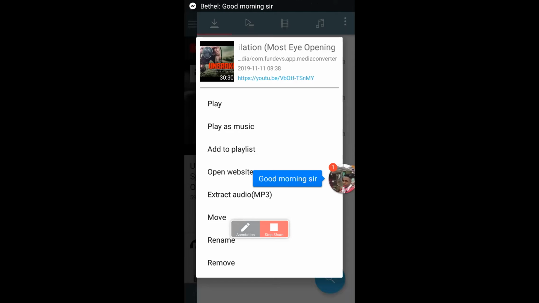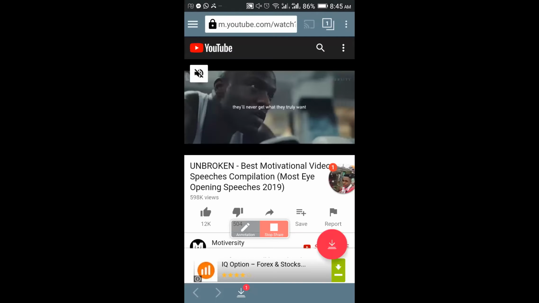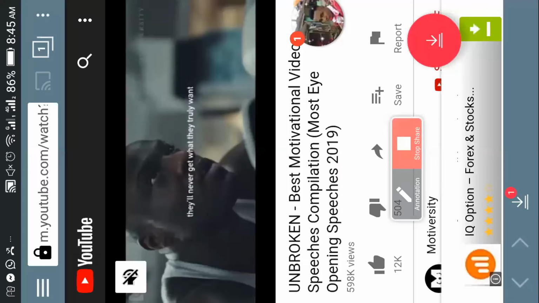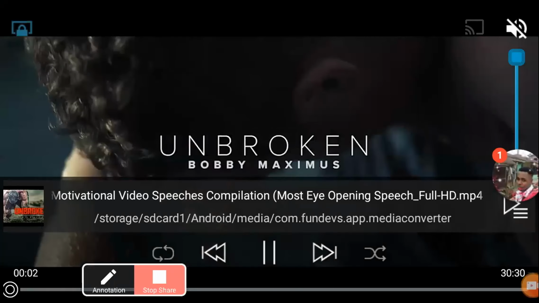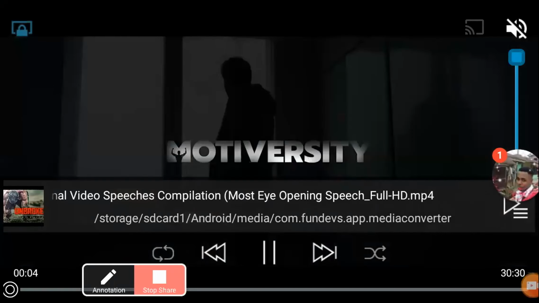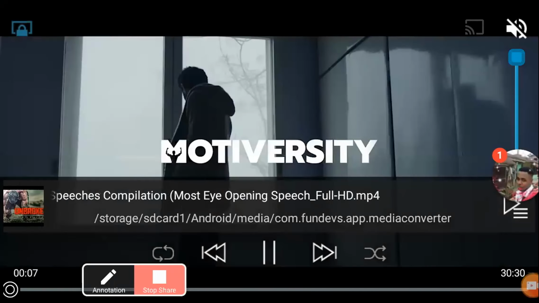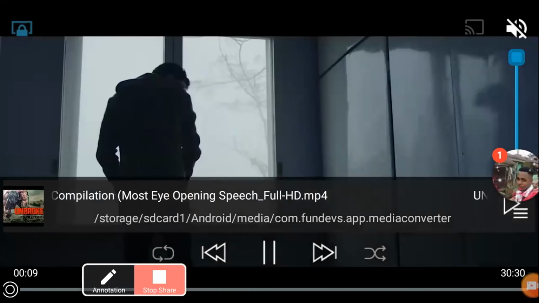It will be playing as MP3. But if I play it as video, it means that I'll be watching the screen, and if I want to do anything with my phone, it will go off. So if you are listening to something motivational, it's good to play it as music, except you downloaded the file as an audio file. So you can see that I'm playing it offline.